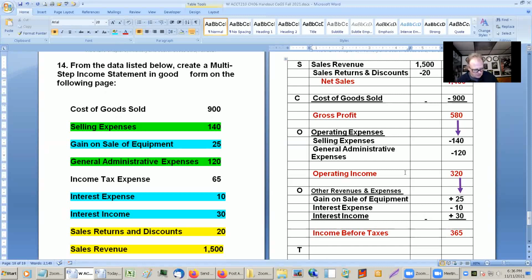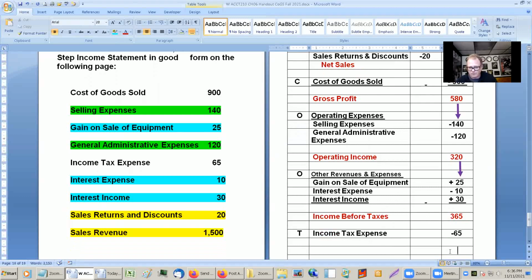Yeah, income before taxes. $65. And net income. $300. Okay. Simple and to the point. So that's that.